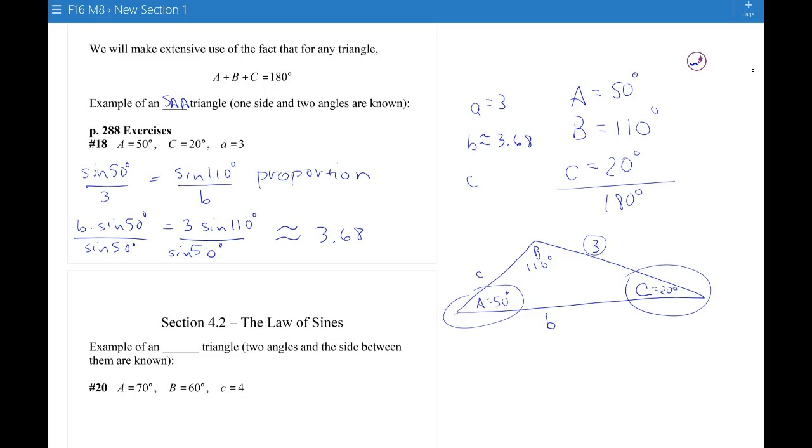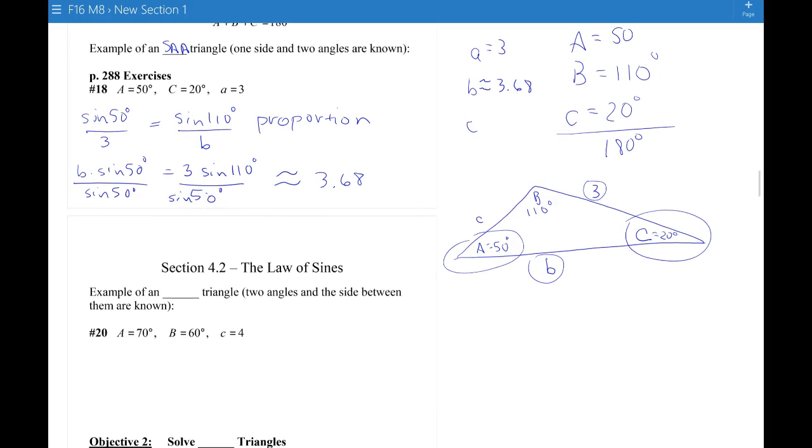Okay, so then are you seeing how you can solve for the other unknown side length? And always use a given value when you have a choice rather than a calculated value. So I would go back to sine of 50 degrees is to 3 because both of those numbers were given. And that's going to equal sine of 20 degrees is to side length little c.